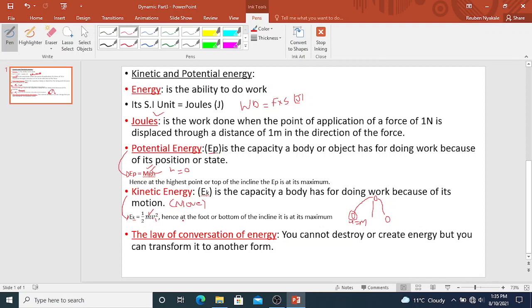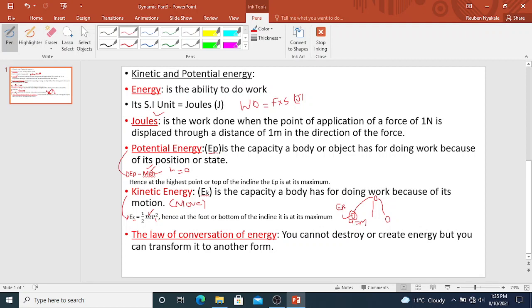Hence, at the foot or bottom of the incline, it is at its maximum energy, EK maximum energy. Here at the bottom, it is maximum. Then EP here at the bottom equals 0 because there's no height.